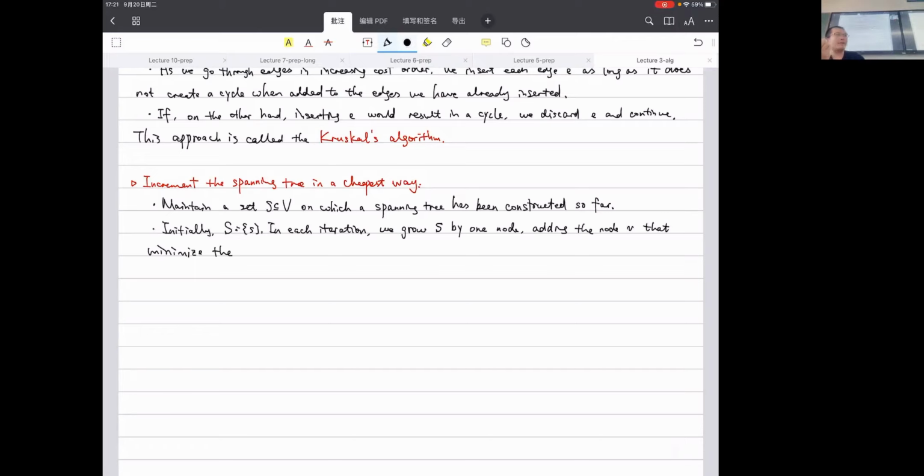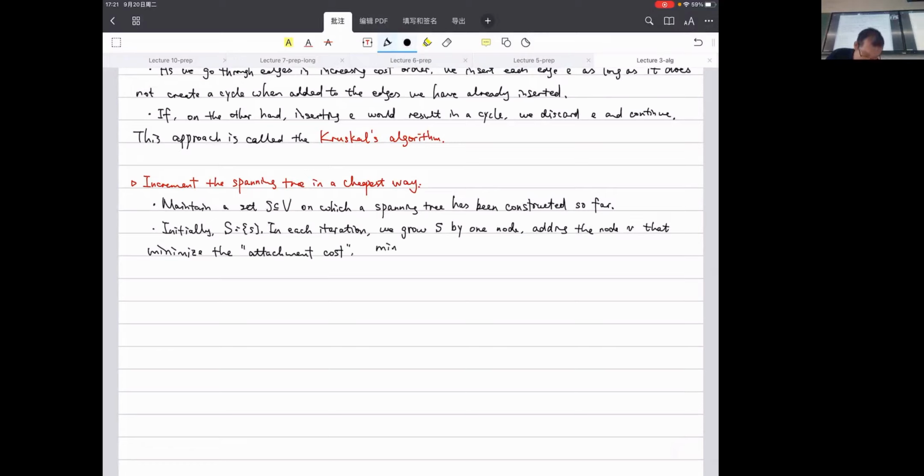Basically, we want to talk about the MST. We want to make sure that adding a new vertex does not, in some sense, increase the cost a lot. This is something we want to keep in mind, and we call this the attachment cost. What do I mean by that?